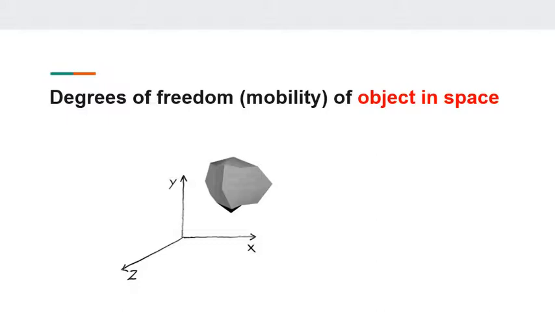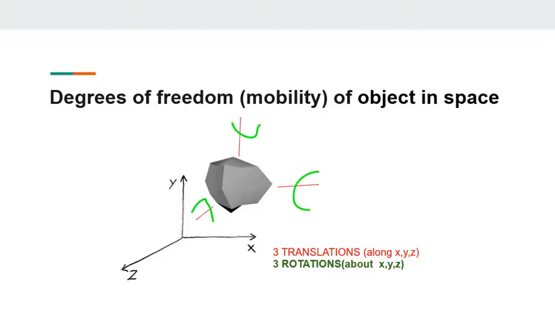So, what are all the different independent motions it can make? It can translate along the x-axis, y-axis and z-axis, or it can rotate about all these three axes. In total, an object which is free to move in space can have 6 independent motions.